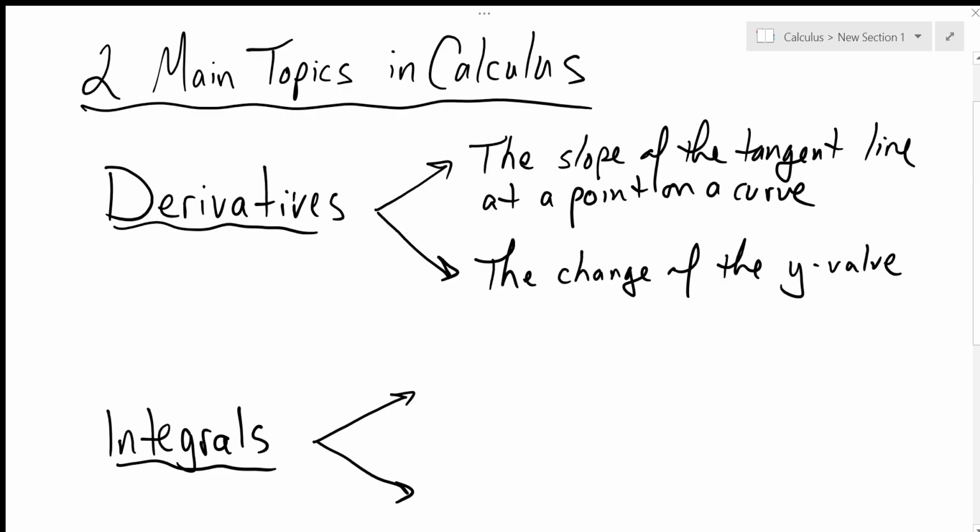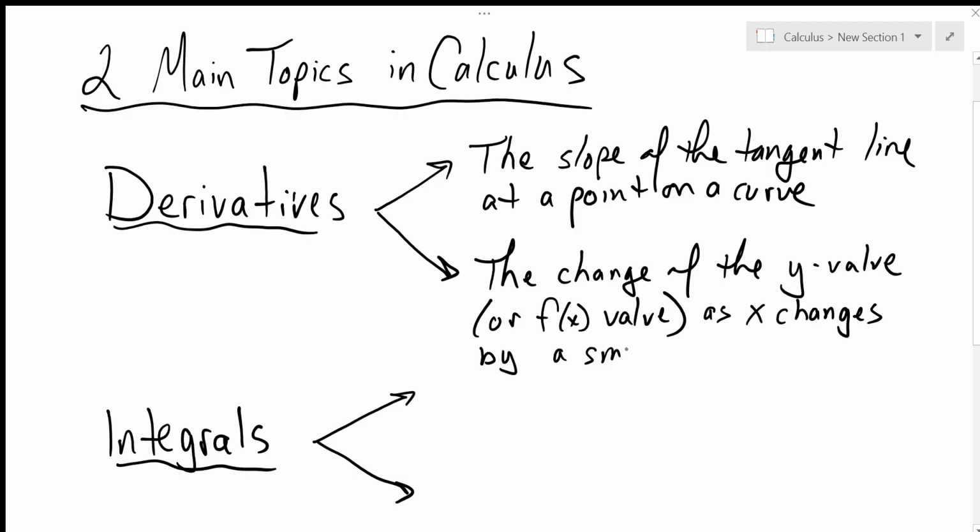The change of the y value, or function value, as x changes by a small amount. And while those two explanations might not seem the same, they really are. If you consider this change of the x value as a very small amount, those two explanations really are the same.